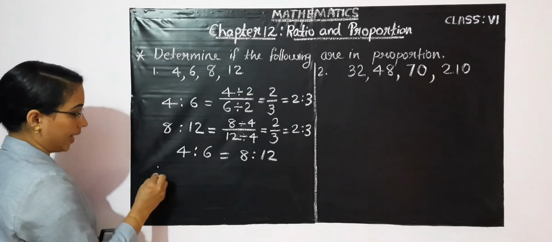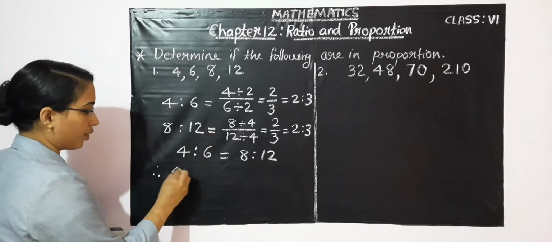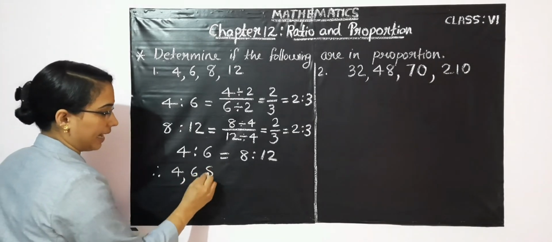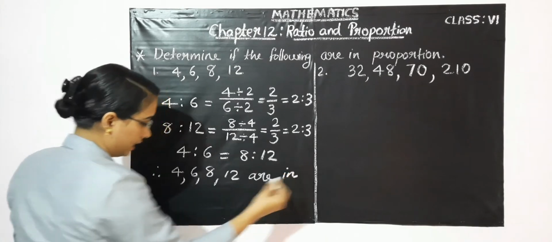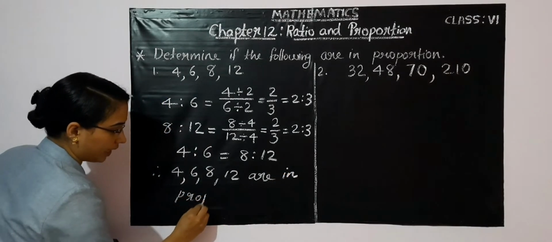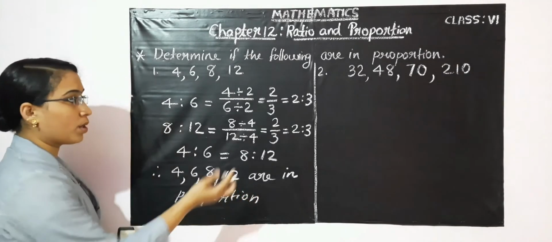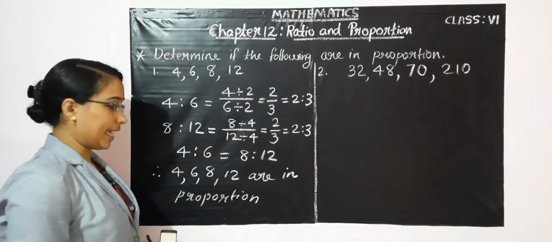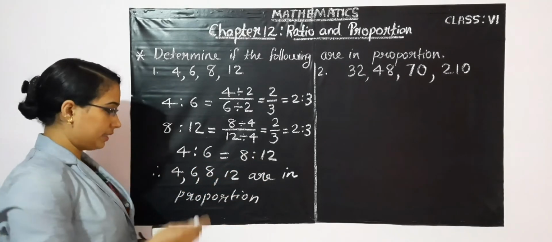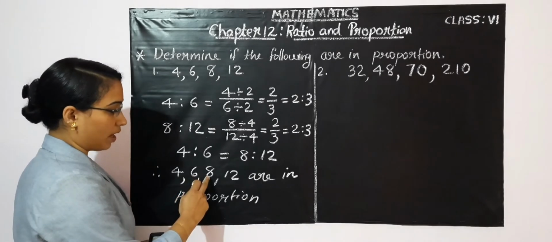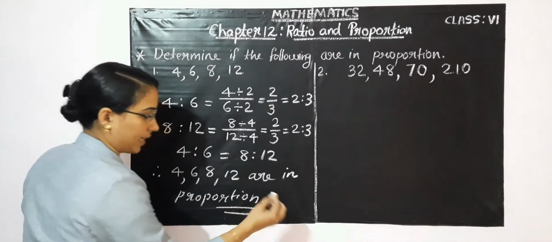Therefore, we can say the given numbers 4, 6, 8, 12 are in proportion, because the simplest forms of these two given ratios are the same. 4 is to 6 equals 8 is to 12. Therefore, 4, 6, 8, 12 are in proportion. So, this is the final answer.